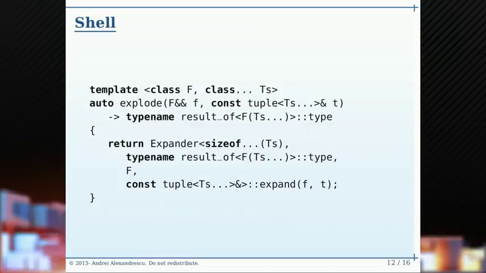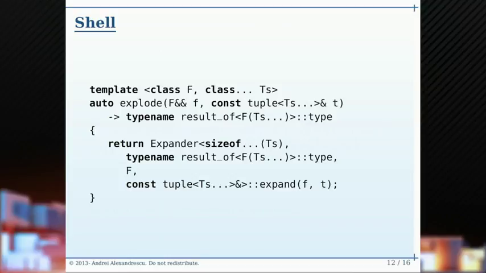This is the second ever useful use of sizeof... I have return expander. I'm passing the whole size of the tuple as the initial counter. Remember, that's the k that I had, because I'm starting at the last guy and working my way back. Then I'm passing the type that would be returned by the function, which is nicely computed with std result_of.